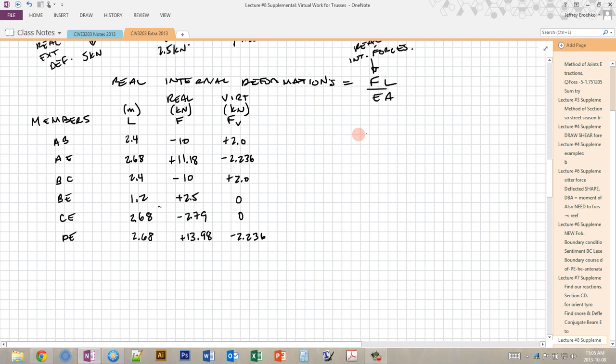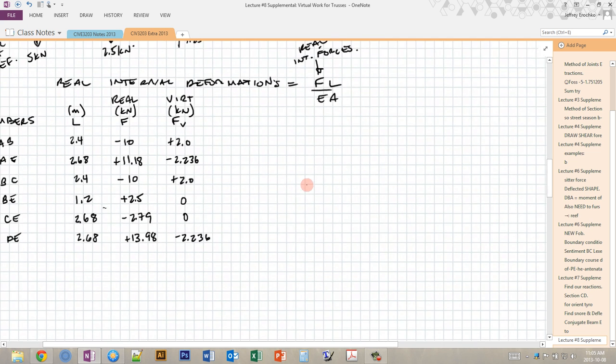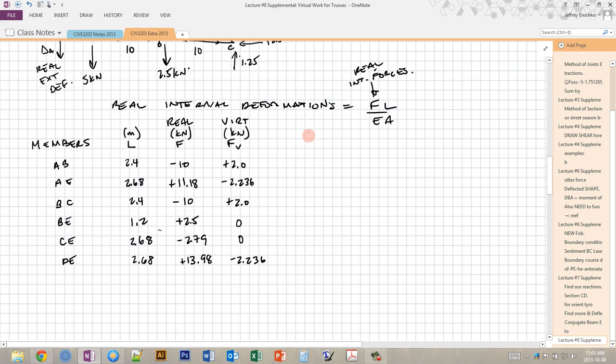So now, in the end, I want to find my virtual internal work. And the virtual internal work is the real internal deformation times the virtual internal forces. So I'm just going to add these up for now.